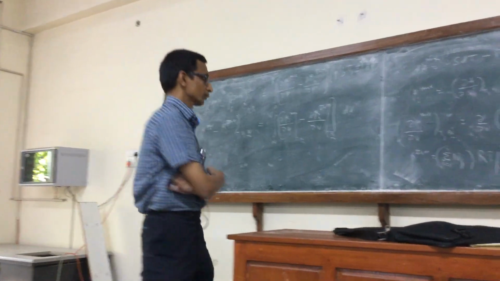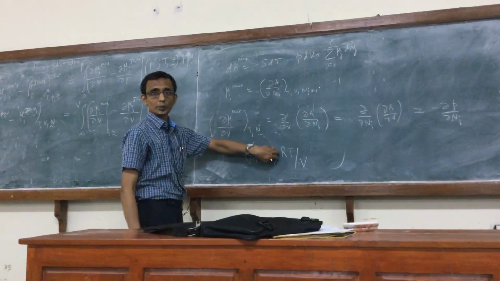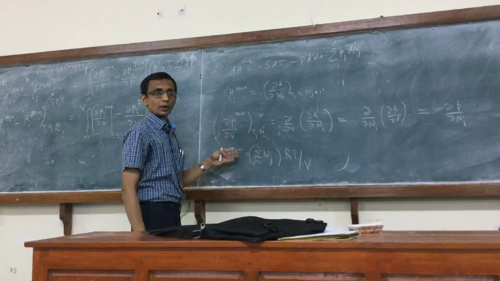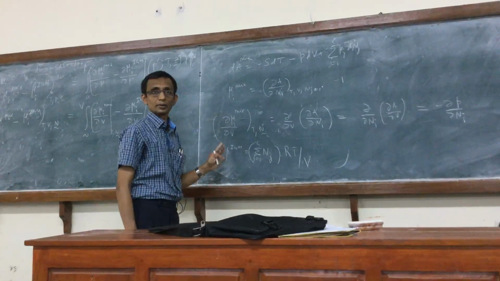It is RT by V times the sum of N1 plus N2 plus N3. So all the other mole numbers won't give anything. The derivative is 0.